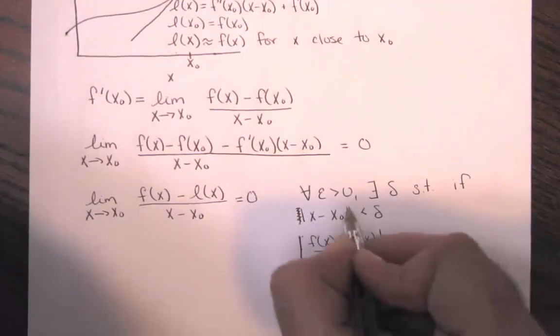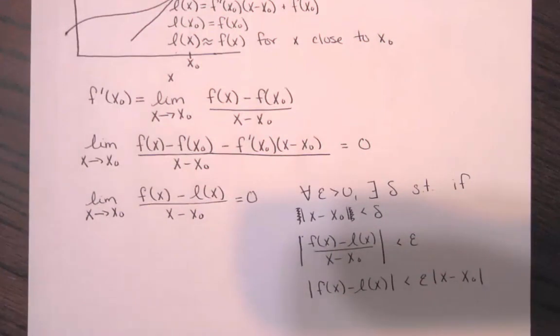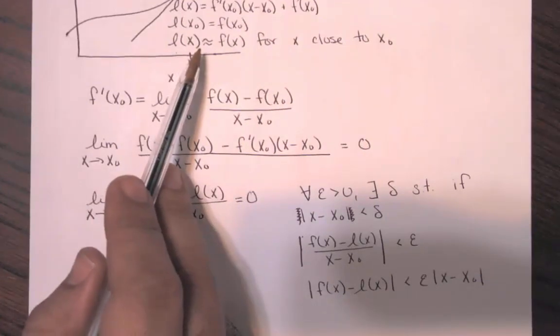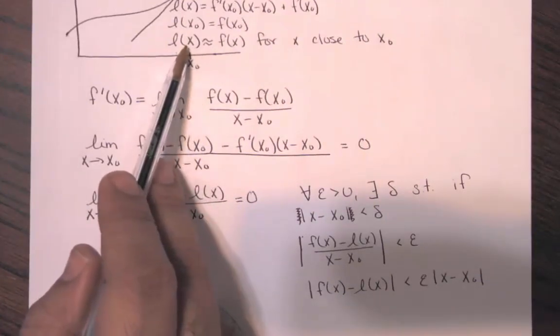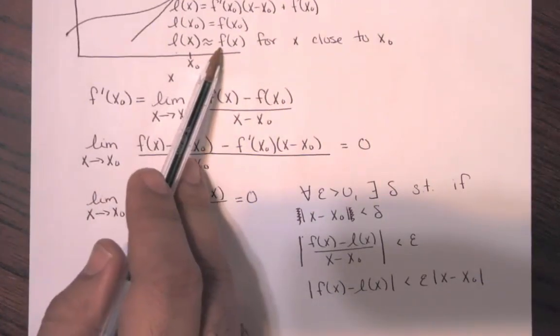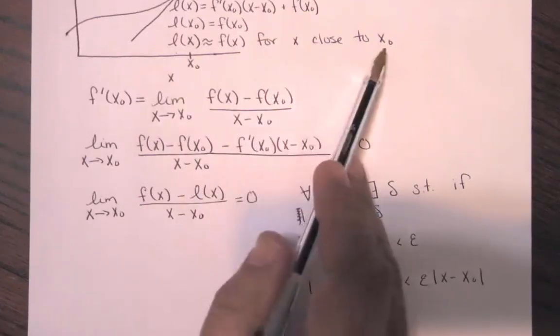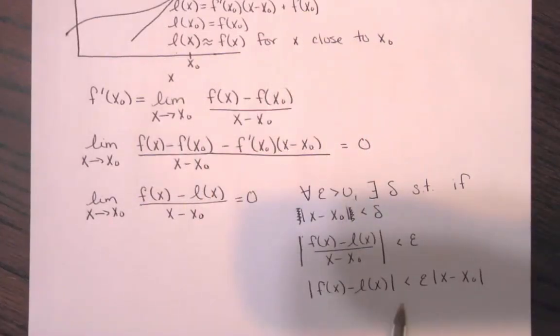Since we're on the real line, this should just be an absolute value. So now we've made really precise what specifically I meant by my tangent line is approximately f of x if x is close enough to x naught, right? It's specifically this statement here.